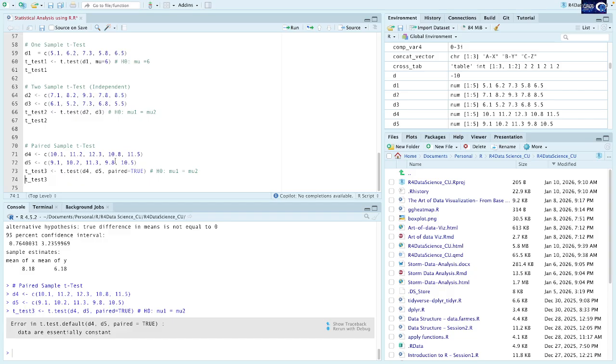There is an error saying the data are essentially constant.